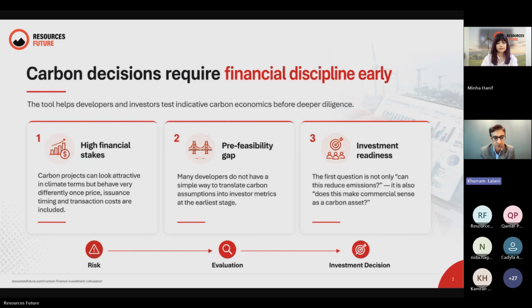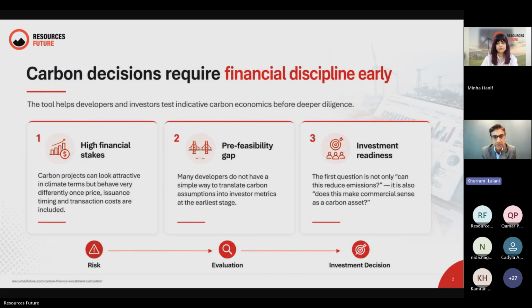If you're thinking to develop a carbon markets project, you would essentially be investing roughly 100 to $150,000 depending on the project complexity, and hence it's a high financial stakes game. So you don't want to jump into a carbon project without ensuring that the numbers look good and are in the right order of magnitude.